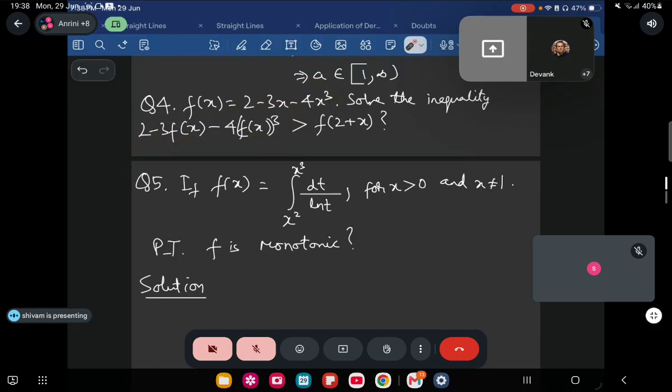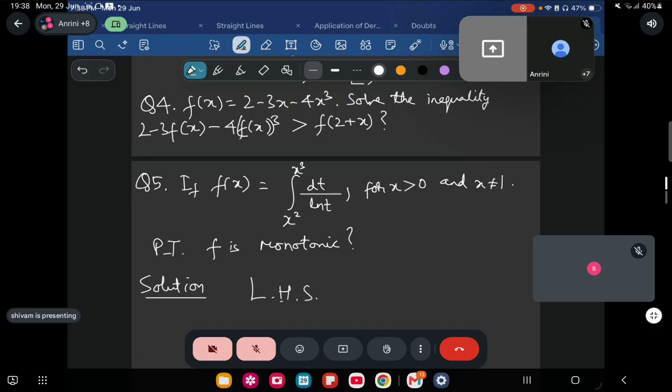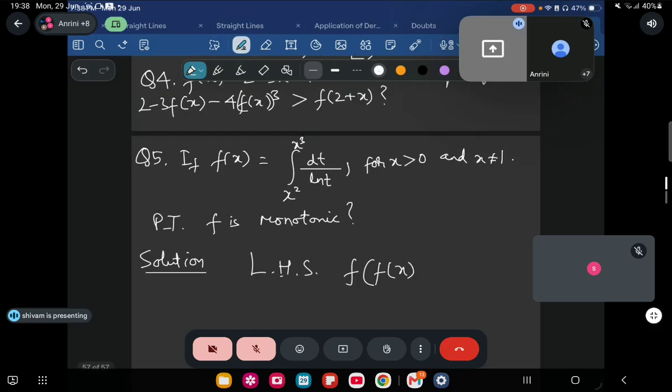So it's f of x, right? Basically, we have to solve this inequality. LHS is f of x, and RHS is f of 2 plus x. So we need to solve this inequality, so you need to remove one f. Okay, everyone?